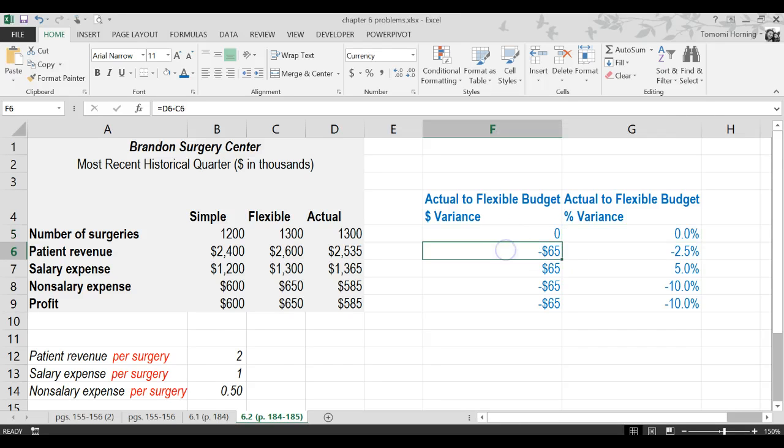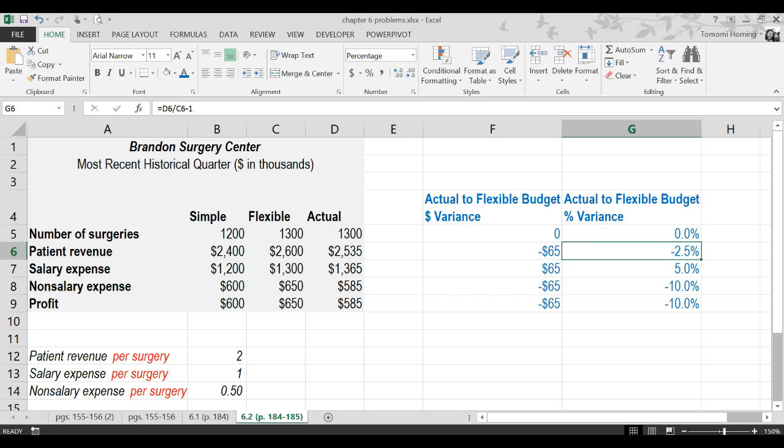For these other numbers, you can see here that our actual patient revenues were less than the flexible budgeted. So our actual came in at approximately $2.5 million when we budgeted $2.6 million, and that's a variance or a difference of $65,000.